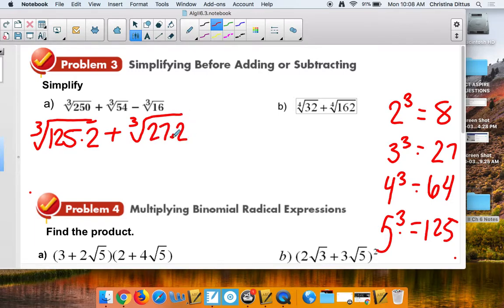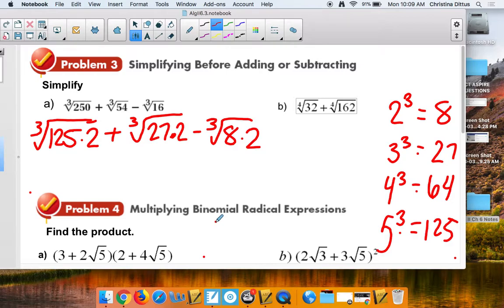That's not a plus 2, that's a times 2. What do you think I should be looking for in 16? 8 and what? 2. What do you notice about all my radicands? They're times 2. So we need to pull out the stuff that's not 2, and then we can simplify, okay?